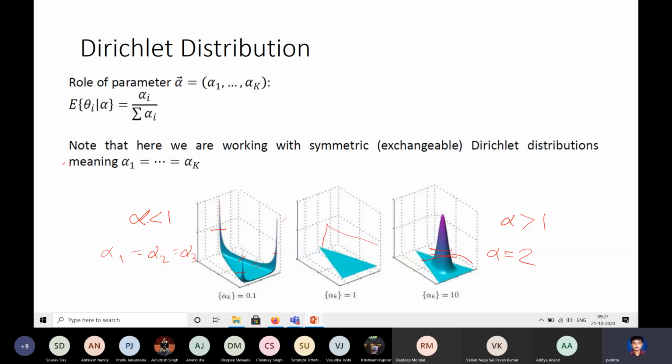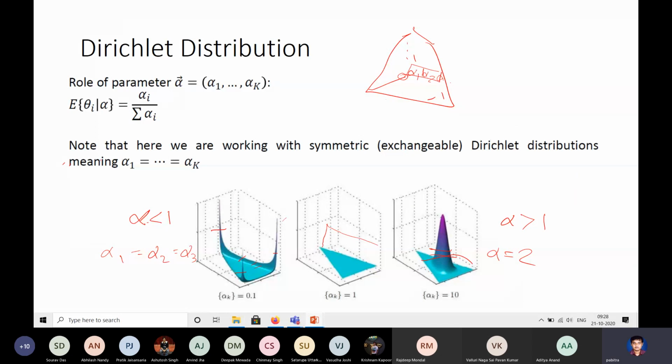So its mean basically is that if you draw a lot of samples and look at the ith component of this sample, the mean will be proportional to alpha I. So if you draw a lot of random samples and get a vector, the mean will be centered at alpha 1, alpha 2, alpha 3.